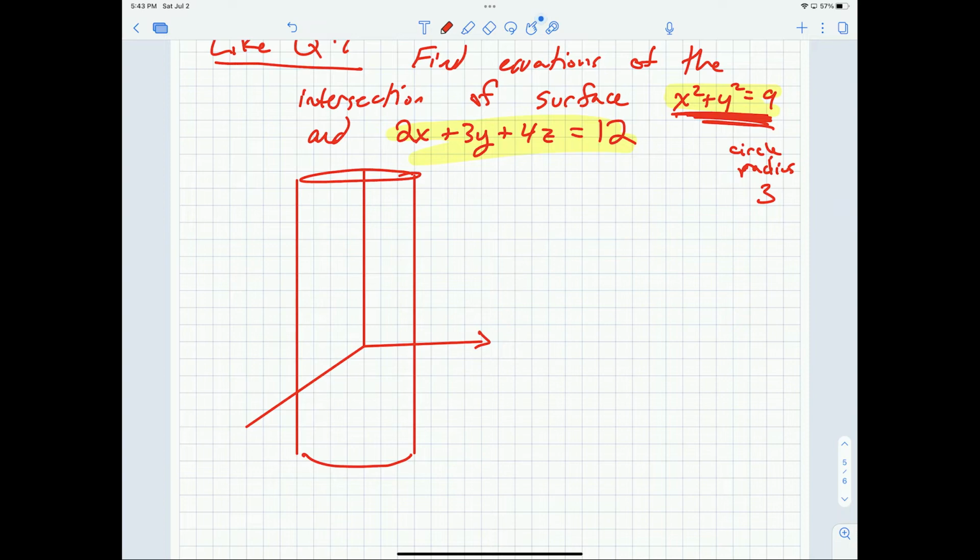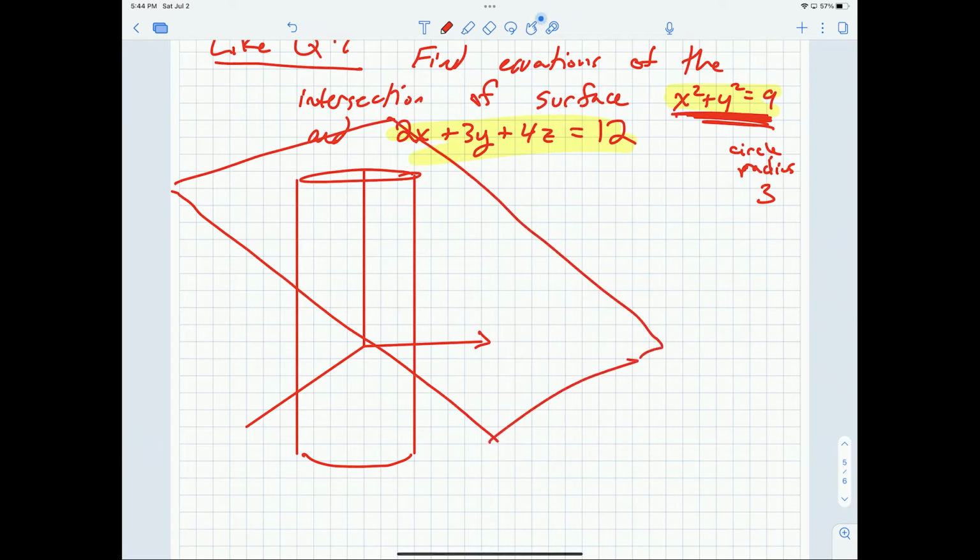Then you've got this one, which is a plane. I'm not going to try to draw this in exactly the right place, because I don't think it'll be oriented in a way that is good. So I'm not going to really graph this plane, I'm just going to graph a plane. Let's draw it slanted out here, like this.